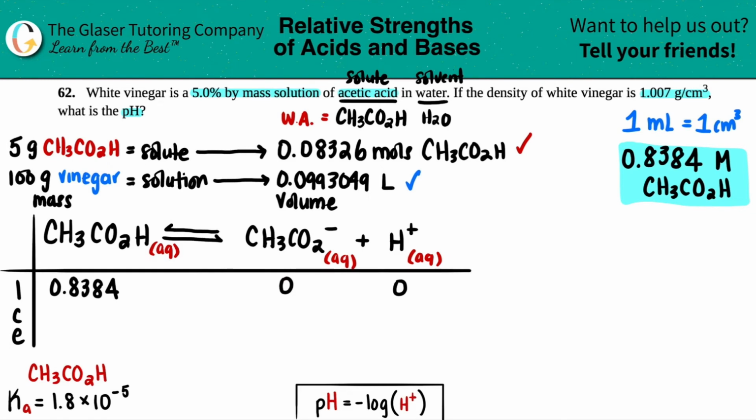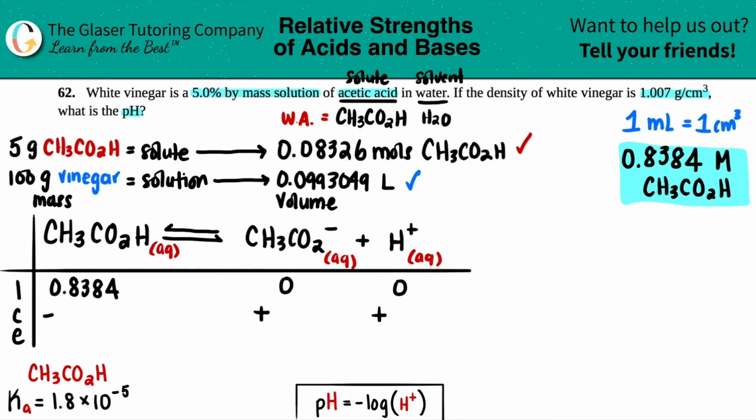C stands for change. It's the drop in concentration from what you started with and the increase in concentration of your ions. Remember, you can only go up from nothing. You can't go any lower than what you don't have. So if you see zeros, you know that the change in concentration is always going to be positive on this side, which means that on the reactant side it will be negative.